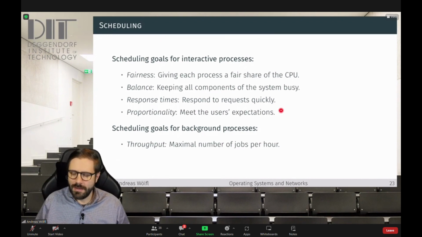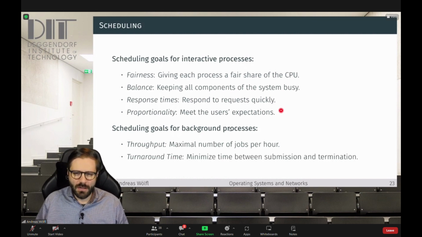And there the interest is throughput, meaning we maximize the number of jobs the machine can perform in a certain amount of time, like jobs per hour, for example. And then we have turnaround time, like minimizing the time between submission and termination.